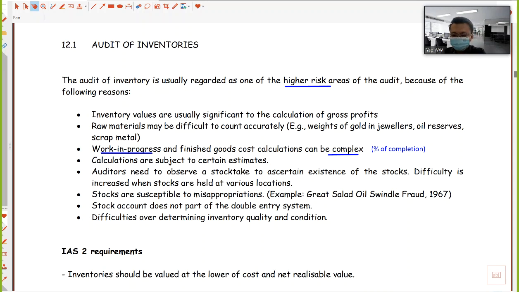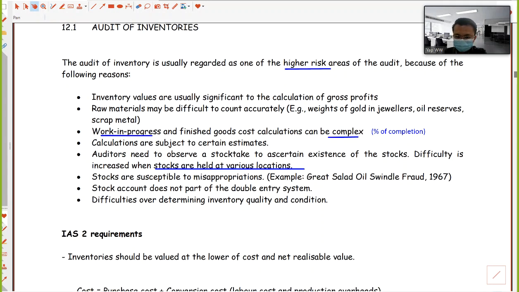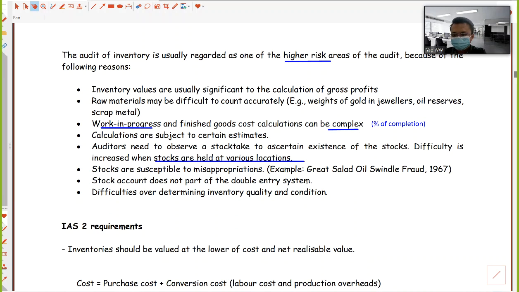Like a factory producing chemicals, percentage of completion, how? Very difficult. The calculation also involves estimates. Auditors attending stock count is also very difficult when the stock is located in different locations. Big audit firms like the Big Four probably have more resources. They can travel around.